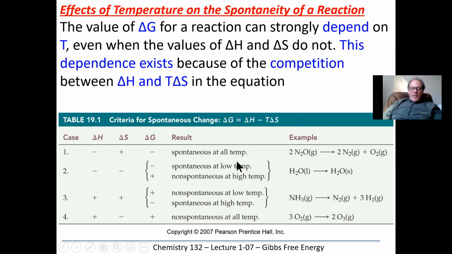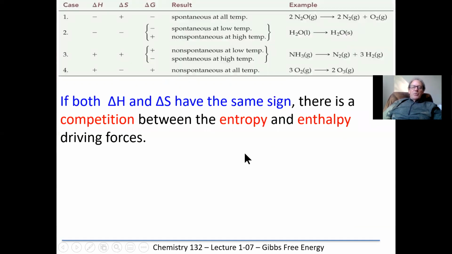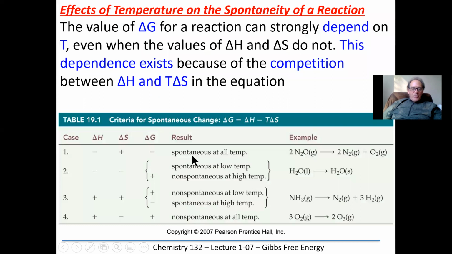So let's investigate this table further, keeping in mind delta G is always equal to delta H minus T delta S for a system at 298 K. If both delta H and delta S have the same sign, there's a competition between the entropy and enthalpy driving forces. Now, before I mention that, let's take a look at when we know reactions are never spontaneous. Again, delta G equals delta H minus T delta S. I'm just going to put this equation back here.